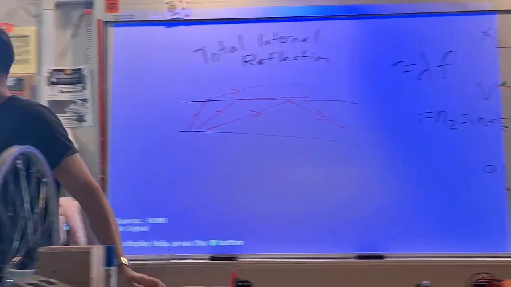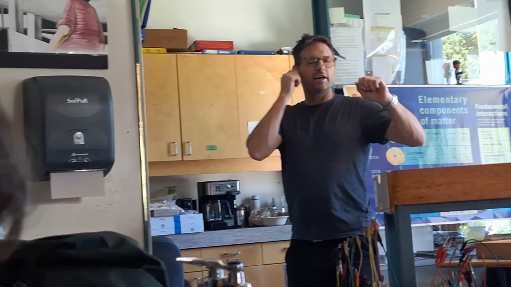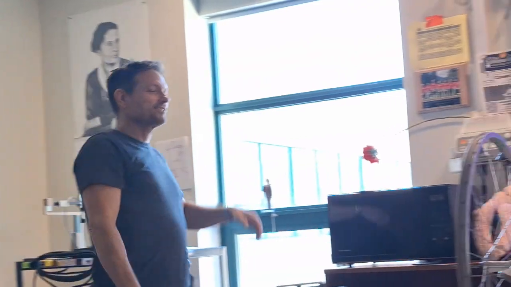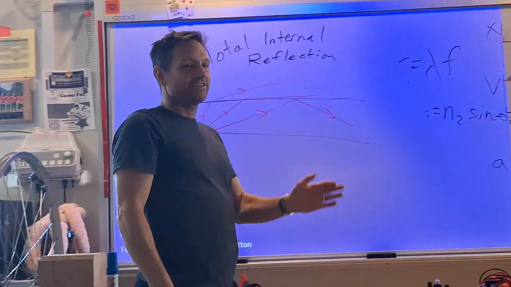Actually, I have a thing. Is it arcsine of 1 over n? If you make the angle of refraction, theta r, 90 degrees from the normal, then your angle of incidence is your critical angle. Sorry, let me say this clearly.